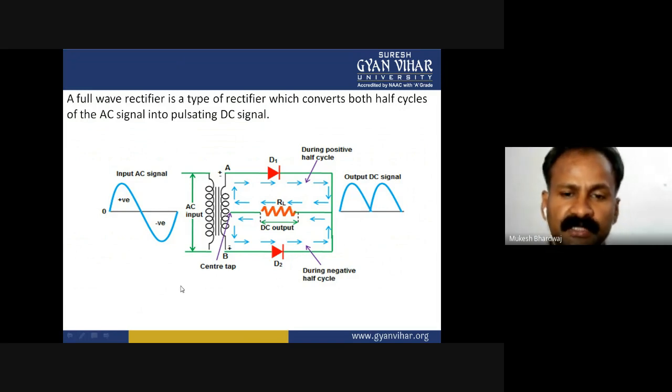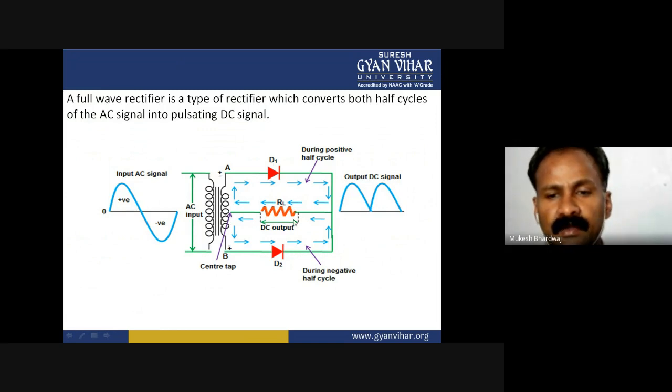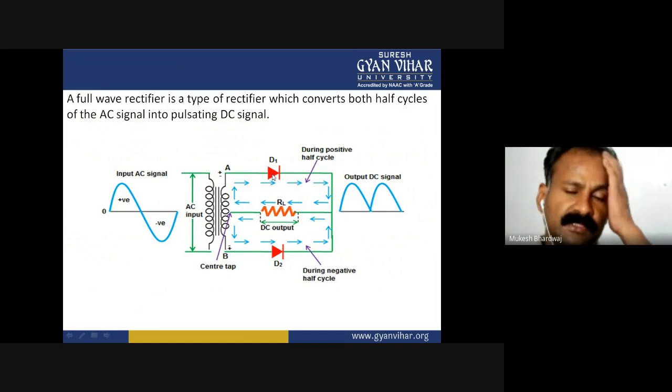As you observe in the figure, the load resistance is connected between the secondary windings or secondary coil, and we are getting the output across this load resistance, and two diodes are connected.